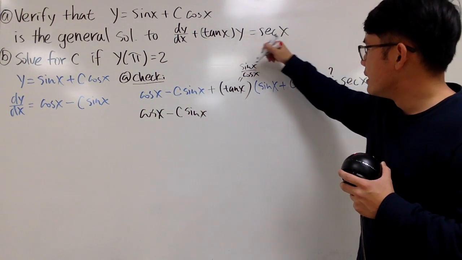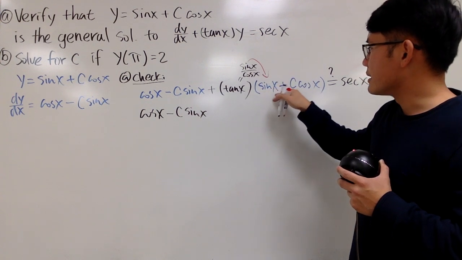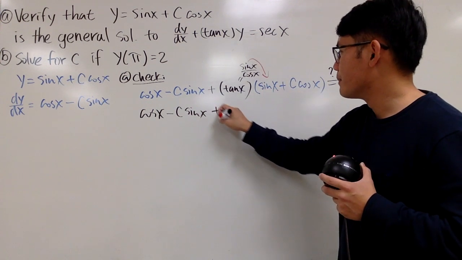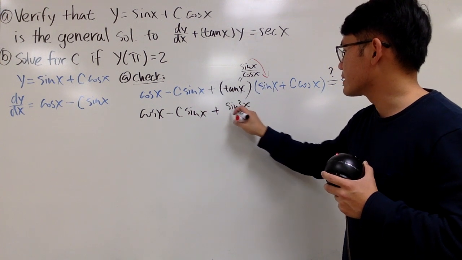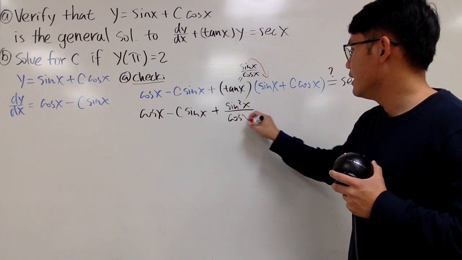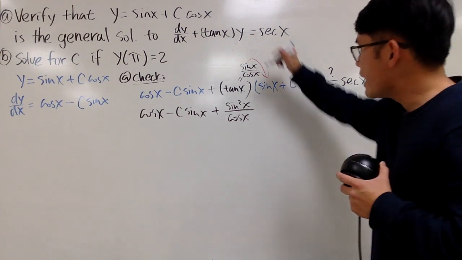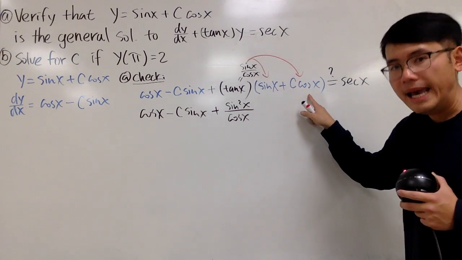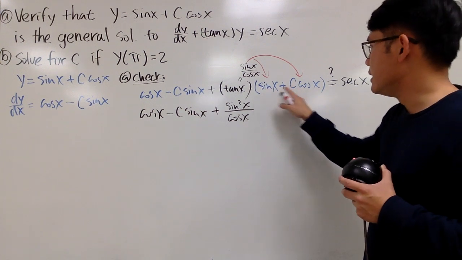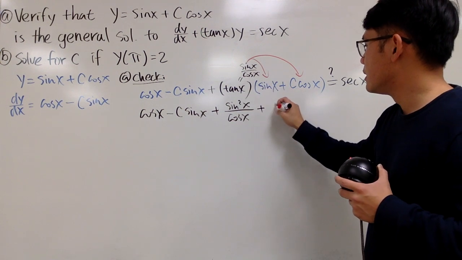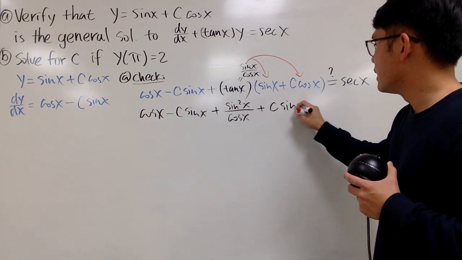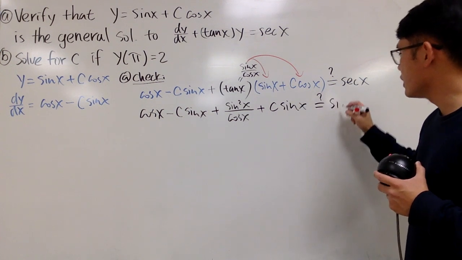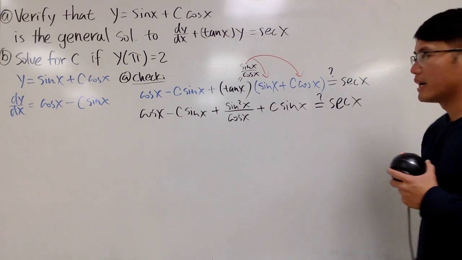When you take this times sine x, of course you end up with sine squared on the top, so we'll just put down plus sine squared x over cosine x, like that. And then when you take this times that, the cosine cancel, and we end up with c, and that's positive, times sine x, like this.